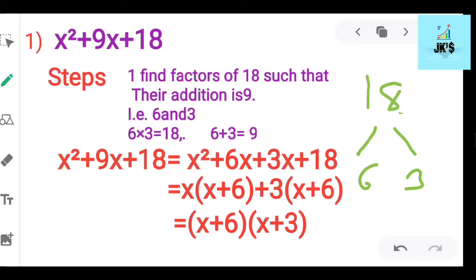The first example is x square plus 9x plus 18, where x square is a square term, 9x is a middle term, and 18 is a constant term. For solving this, we first make the product of the coefficient of the square term and the constant term.